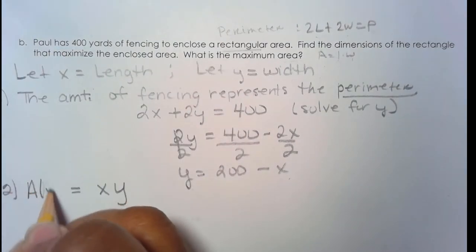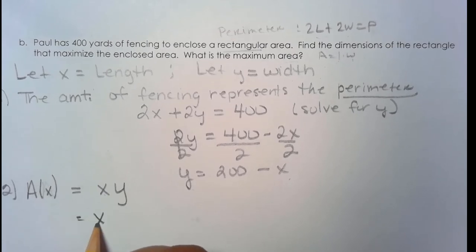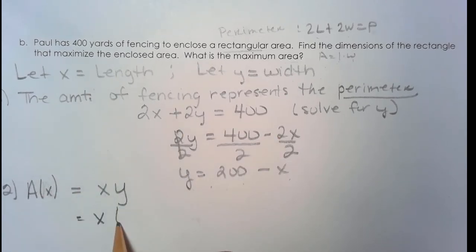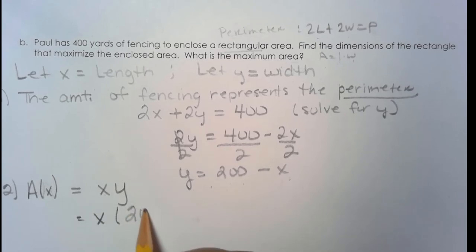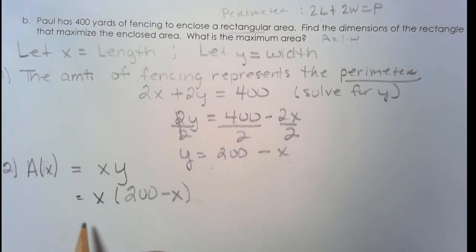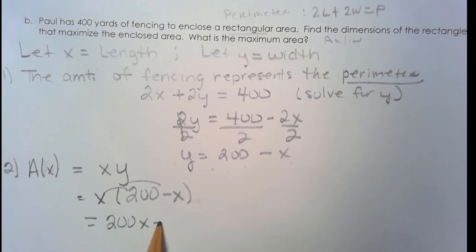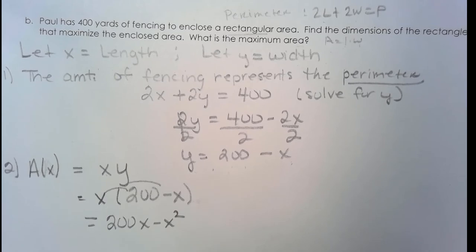We'll just call it A of X. So X is going to be our length. And then our Y, what we found in the previous step, we're going to substitute 200 minus X in for Y. Let's simplify, where we're going to distribute the X. We have 200X minus X squared.